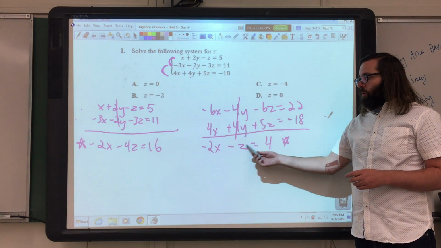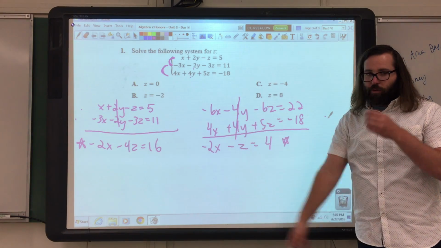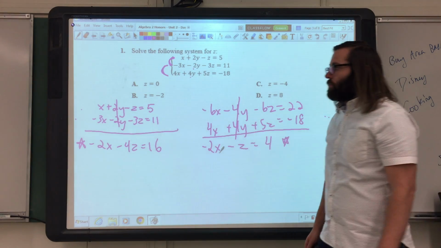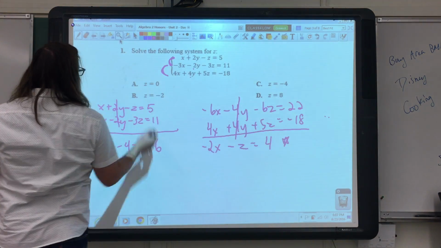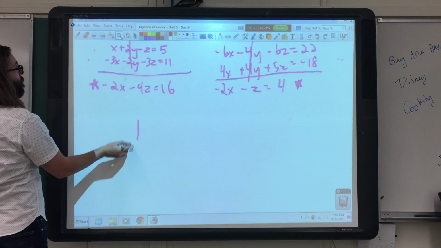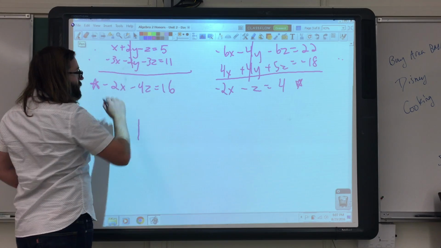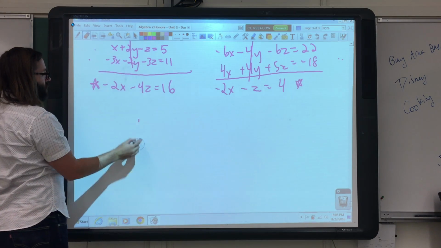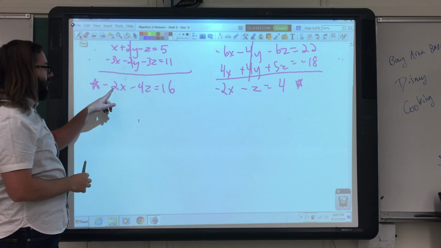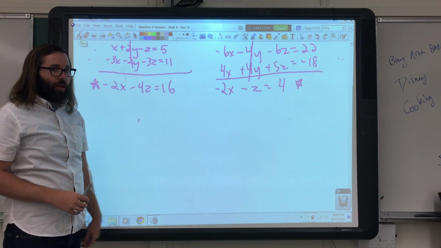Okay, so now we're going to solve one of these equations to substitute into the other equation. I would suggest solving for negative 2x. Okay, this is a very sophisticated way of doing it. We don't have to solve for x and then substitute it in.